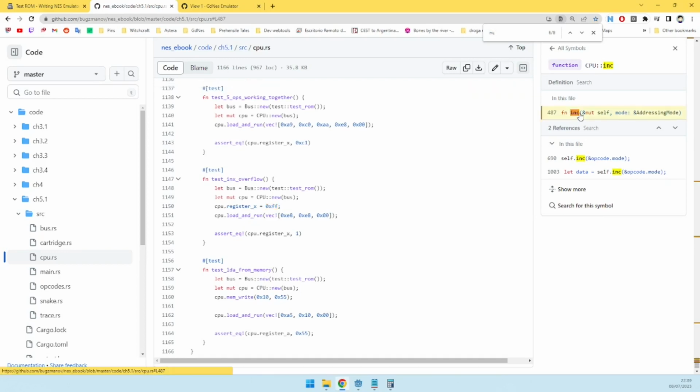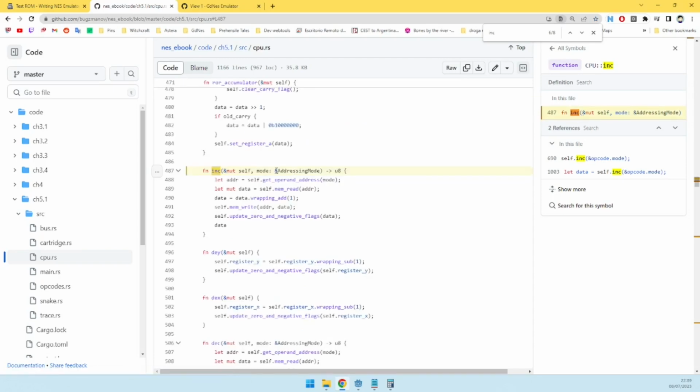Function increase. It takes the addressing mode, reads the data, adds 1, writes it back, updates zero and negative, and returns the data.